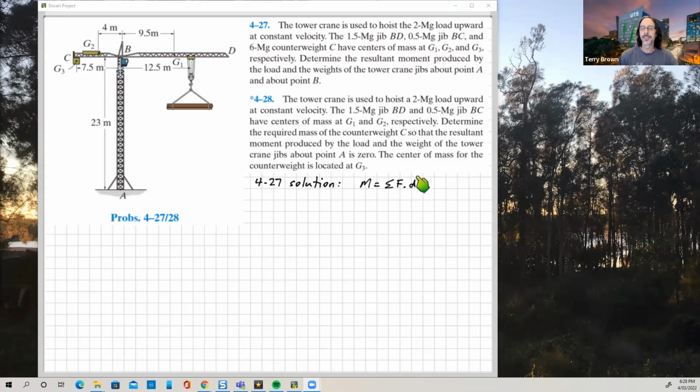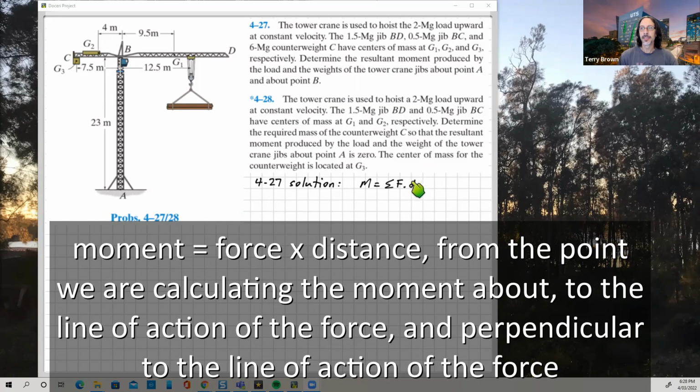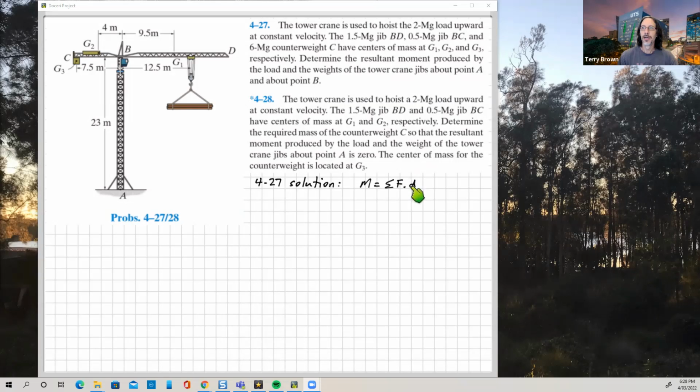So the full sentence is that this distance is equal to the perpendicular distance from the point where we're calculating moments to the line of action of the force. Right? So the perpendicular distance from the point we're calculating moments about to the line of action of the force. Right? So we'll have a look at how that works as we go through the problem.